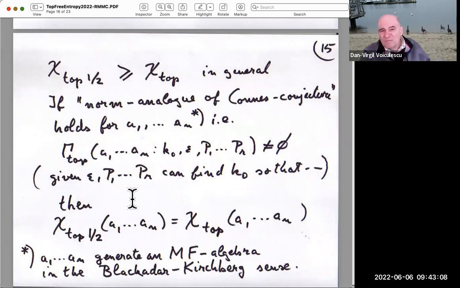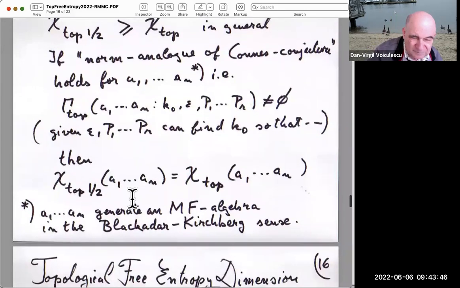And the norm analog of this, which has been considered by Blackadar, Kirchberg, etc., is that you put norm microstates in essence. It's the same thing. If you take norm microstates, you require that the norm microstates be non-empty. So if this condition is satisfied, then the topological free entropy with semi-microstates is equal to the topological one.